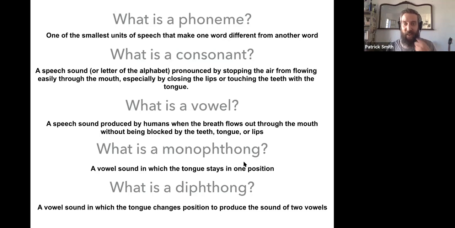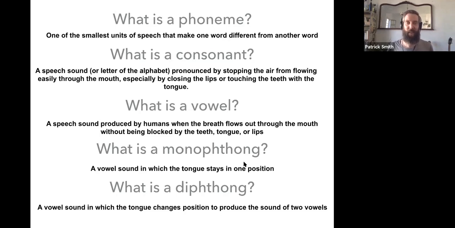You need to move your tongue and change the position of your mouth to form a diphthong. So eye, for example, is a diphthong. Or for example, the A in wait, like esperar, wait. If you want to say wait, you have to move your tongue within your mouth. You can't just say it without moving, it doesn't work. So a diphthong requires this movement.